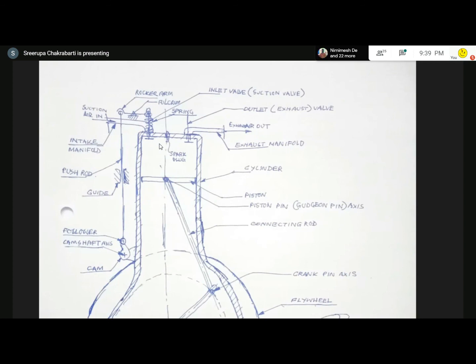Why does the spark occur at a point where the pressure of the gas is very high? Because then it is easier for the spark to start combustion. For ignition, what is required? The temperature of the fuel corresponding to its ignition temperature has to be attained.